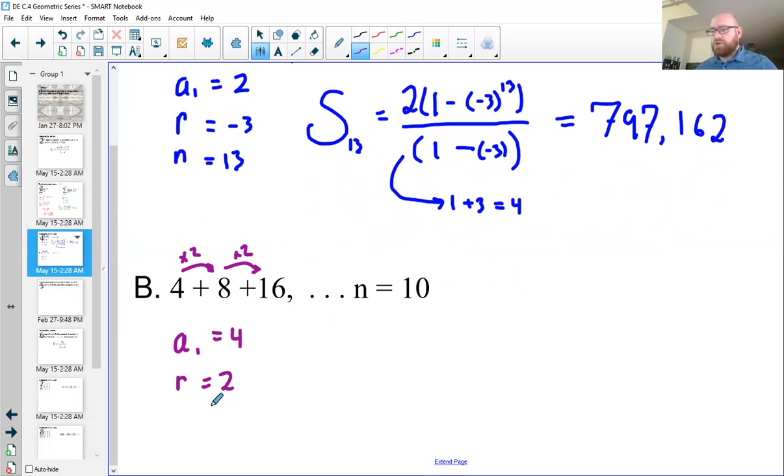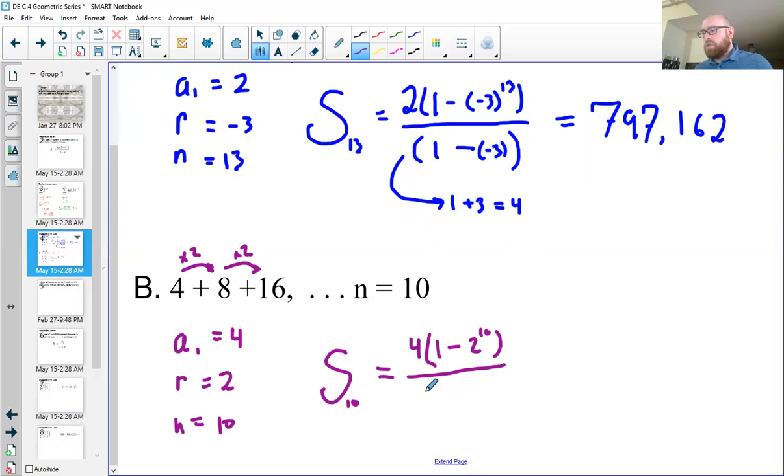That's our common ratio. And N is equal to 10. So now S of 10, the 10th partial sum, is going to be our first term, 4, times 1 minus 2 to the 10th power, all divided by 1 minus 2.